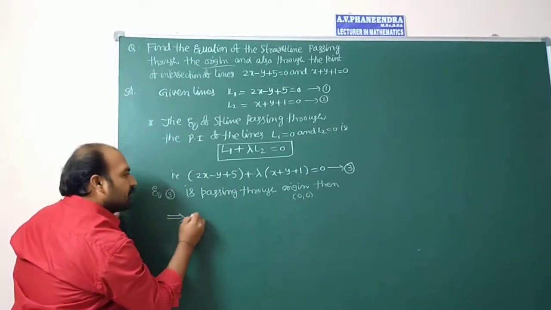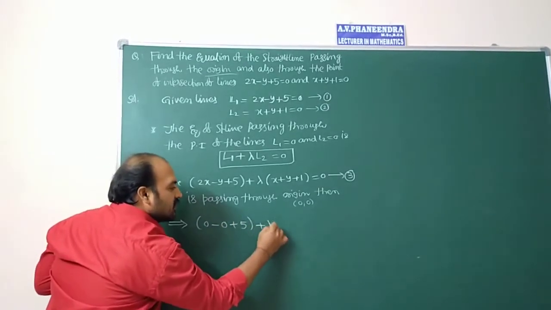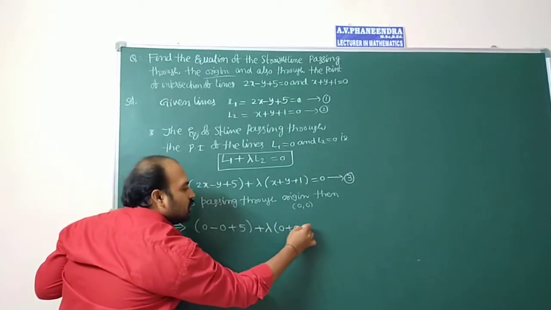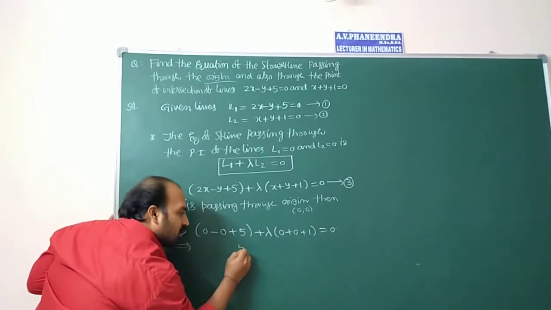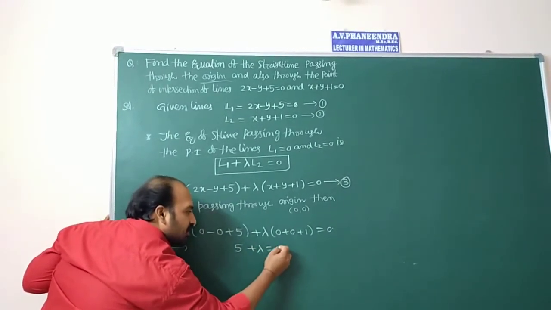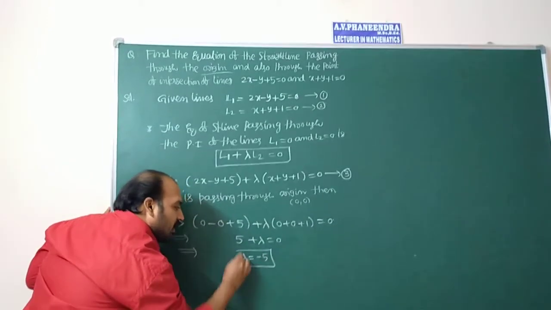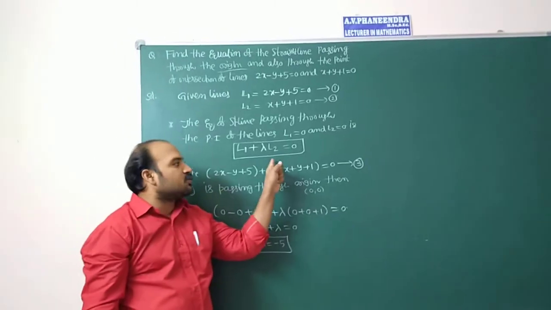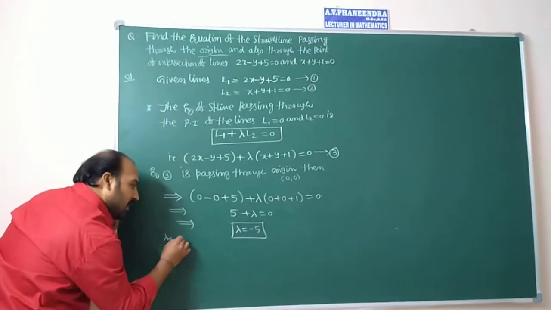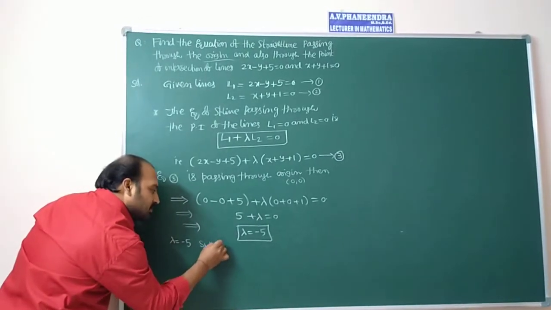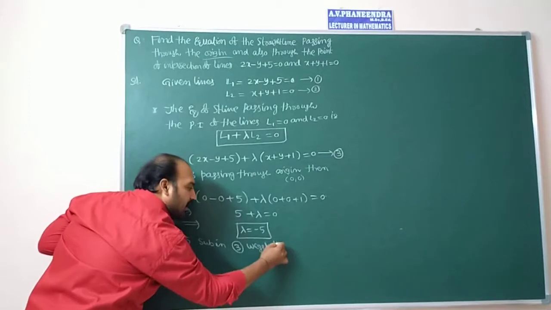That implies 0 minus 0 plus 5 plus lambda into 0 plus 0 plus 1 is equal to 0. That implies 5 plus lambda equal to 0, so lambda equal to minus 5. Substitute lambda equal to minus 5 in equation 3. We get the required line.